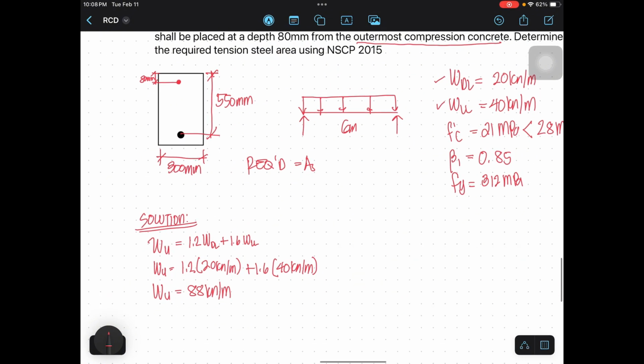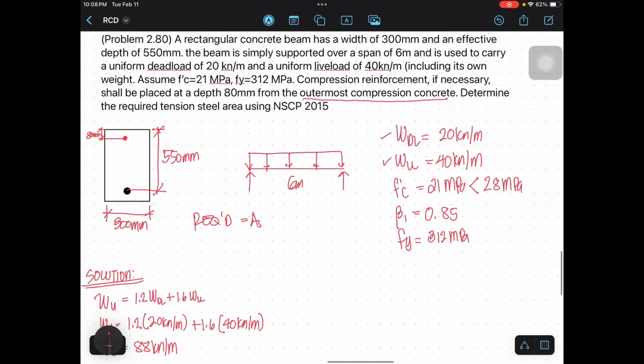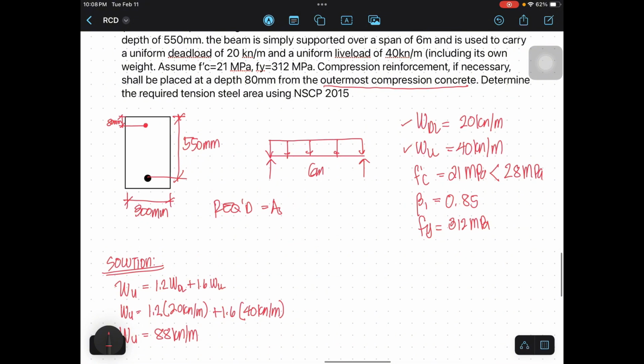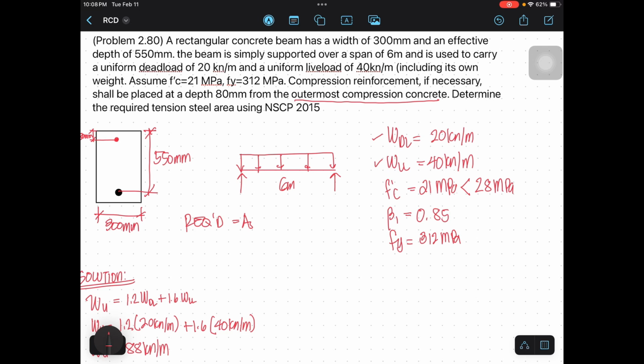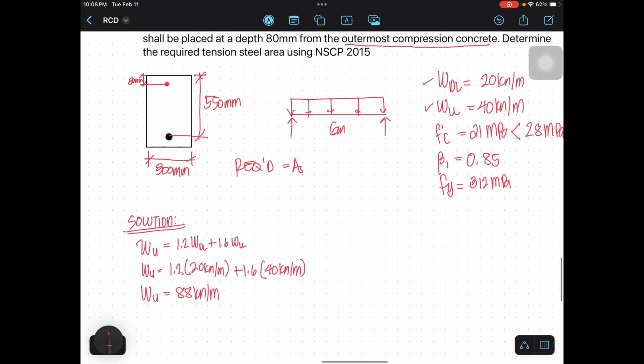If it was not indicated in the problem, for example, excluding the weight of the section, we would need to compute the weight of our section using the unit weight of concrete. Since this problem indicates that it includes the weight of the section, there's no need to compute the self-weight. Okay.